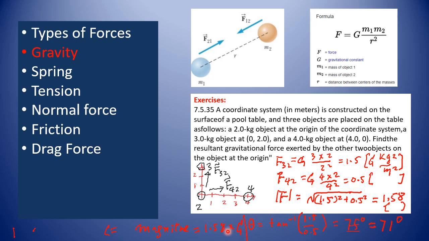So that's this many newtons, and the force is in this direction, 71 degrees relative to the x-axis. Hope this is helpful. If you have questions, we can always talk about it separately.